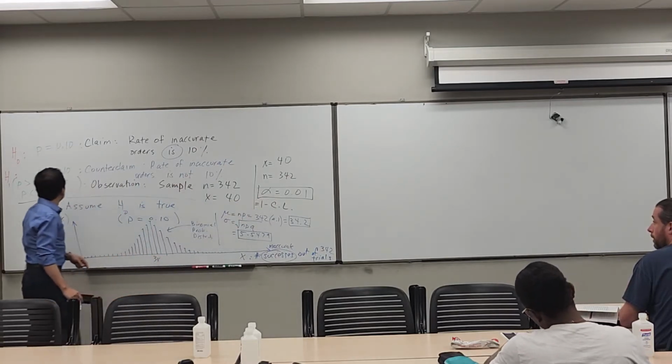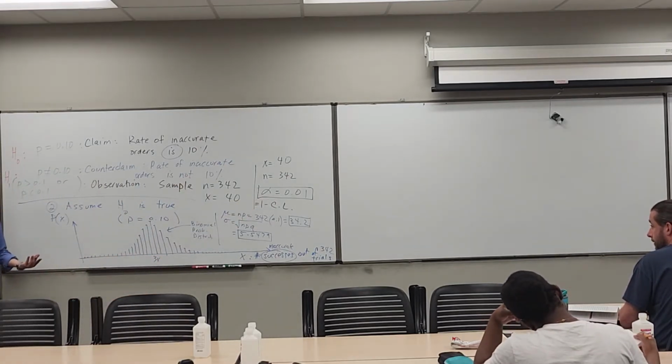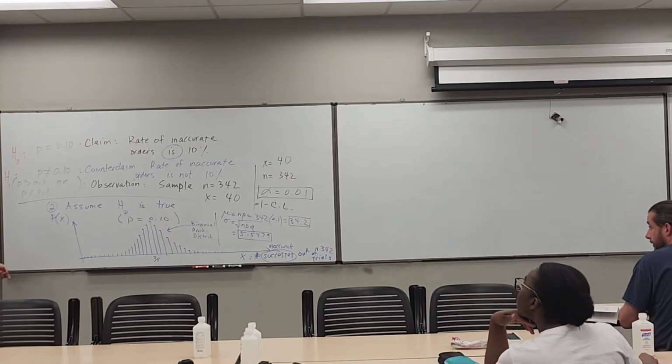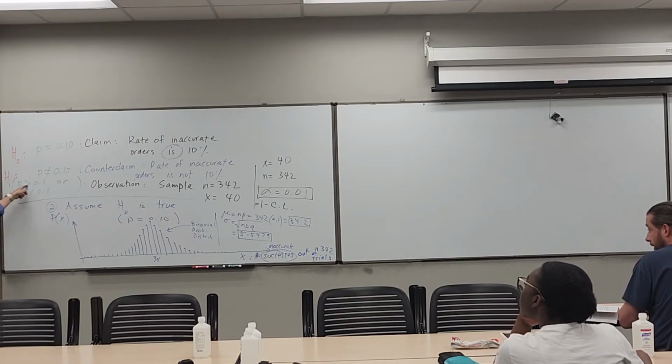It's really easy to find the number of tails: always look at H1 from the first step, and look at the number of inequalities in H1. In this case, we have two inequalities. P does not equal 0.10 means that P is either greater than 0.1 or less than 0.1. So this is a two-tailed test.